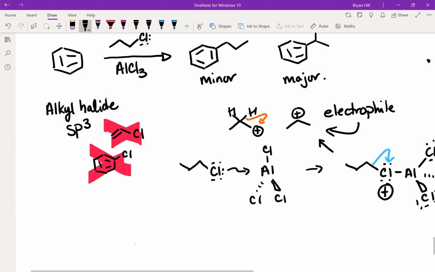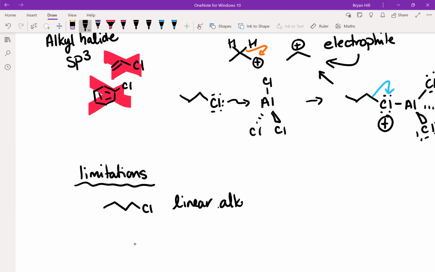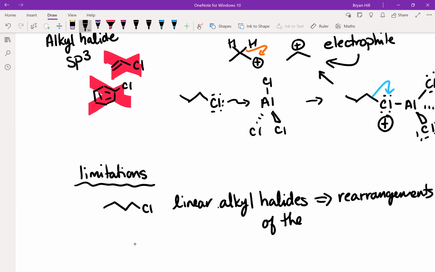So the limitations basically are for straight chained, so linear, I guess, alkyl halides, you get rearrangements of the carbocation.